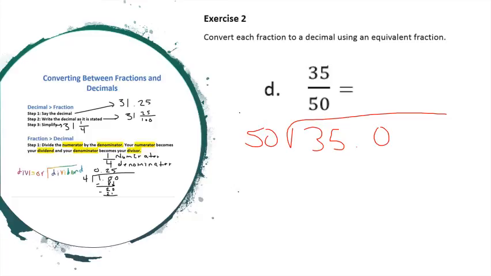So 50 can go into 3. It can't. How many times can 50 go into 350? It can't. Make sure you line up your decimals. How many times can 50 go into 350? So think 50, 100, 150, 200, 250, 300, 350. You know it goes into that number 7 times.